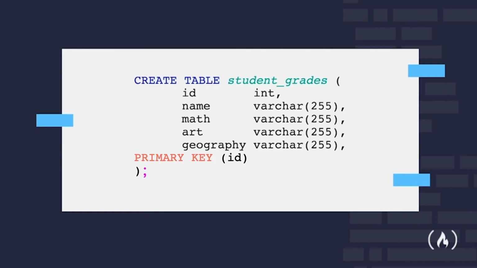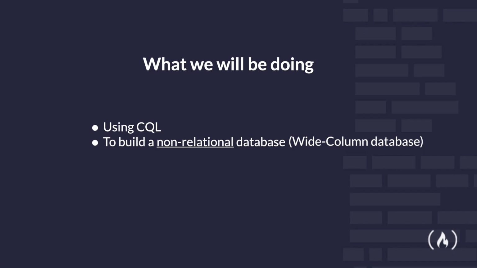Okay, so just so we understand, we are going to be using CQL, which is very similar to SQL. However, we're going to be using it to create a non-relational database. And on this occasion, the non-relational database we will be using is a wide column database. Sounds confusing? Don't worry, we're going to go into this in a lot more detail coming up.